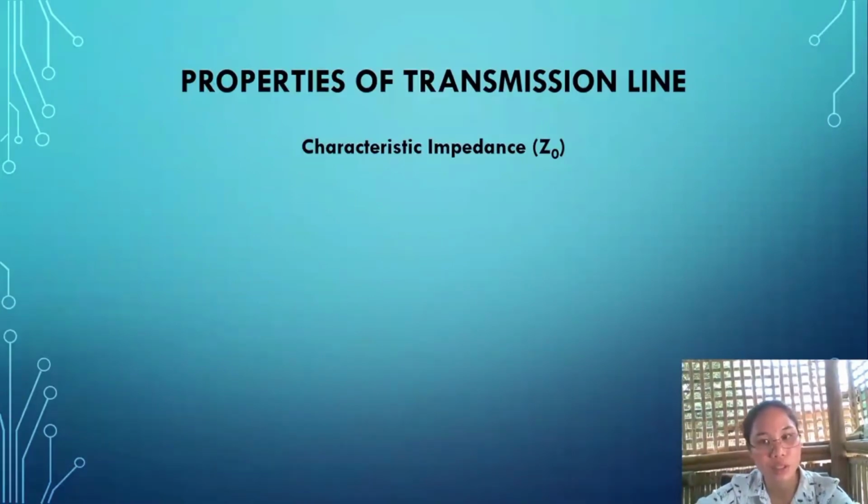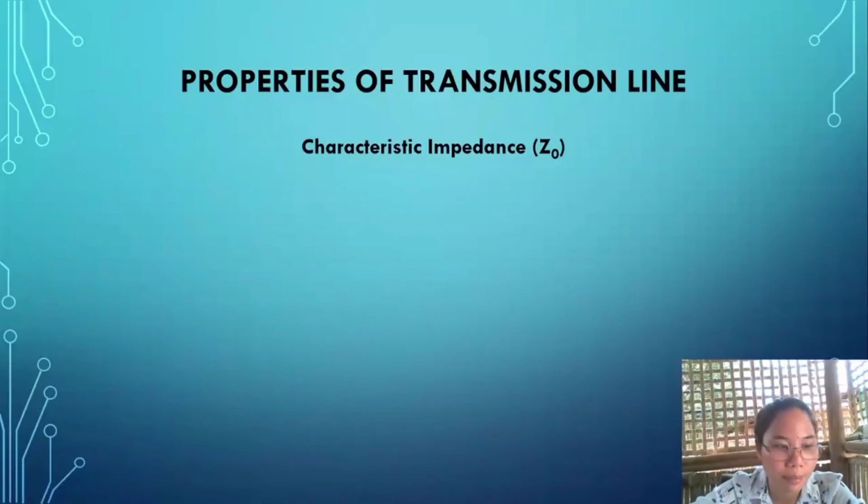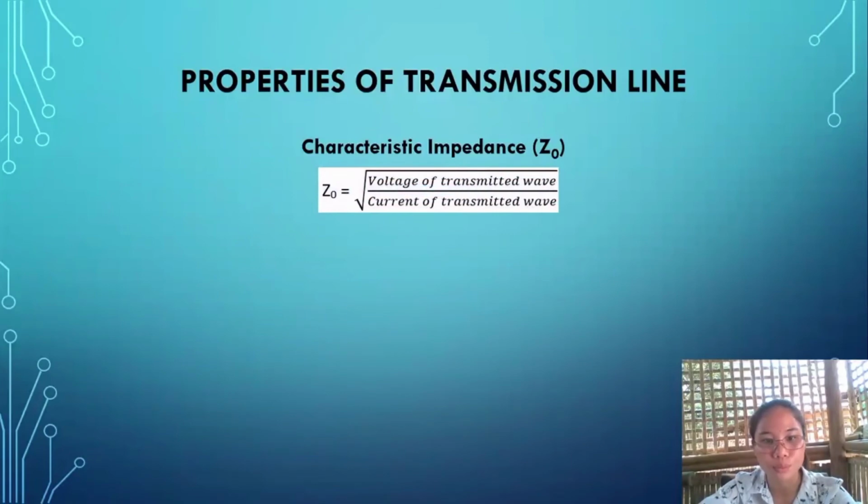The properties of the transmission line must be uniform. Basically there exist two electrical properties of any symmetrical network. First is the characteristic impedance, or Z sub O.